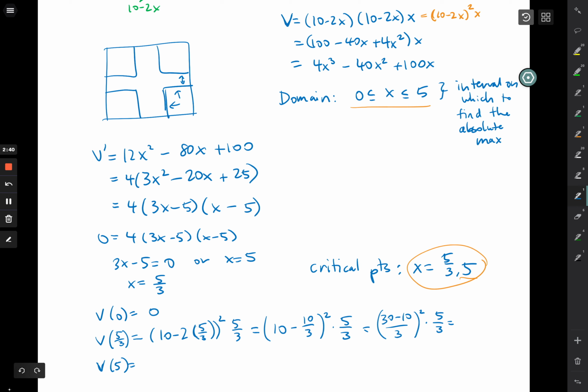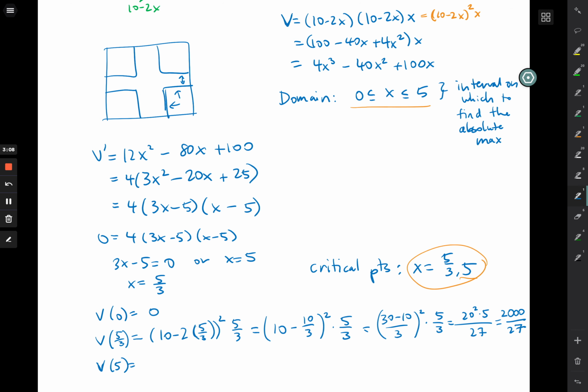And so that will be 20 over 3, giving us 20 squared times 5 over 3 cubed, which is 27. So if we multiply this out, 400 times 5 would actually give us 2,000 over 27.